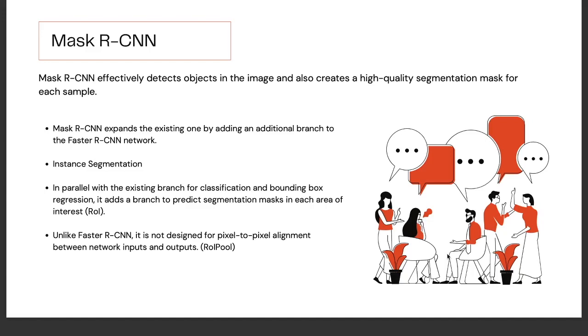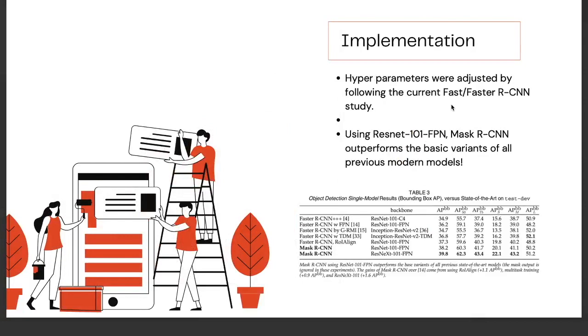In addition to Faster RCNN, it actually has a segmentation branch. As a result of the segmentation branch, we extract the object and obtain the pixel mask of the object. And this is also called instance segmentation.